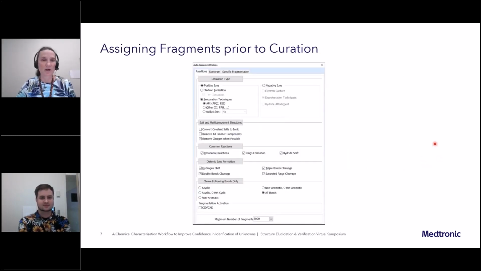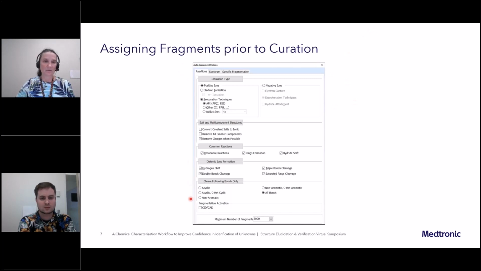In Spectra's processor, they have an auto assignment functionality where you can select that molecule has been assigned to a retention time, and now you're going to assign those fragments in both the MS1 spectra and also in the MS2 to the actual molecule itself.